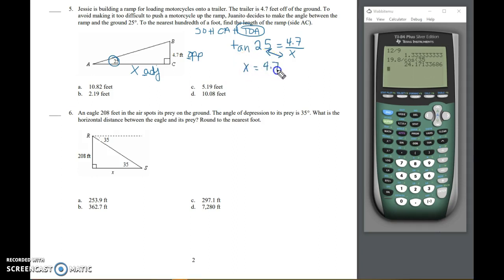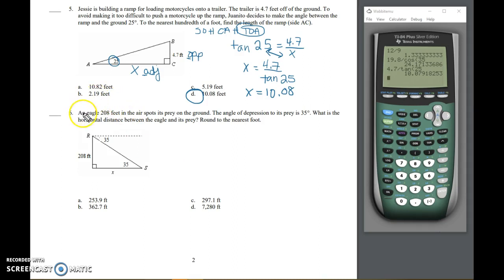And I get x equals 4.7 over tangent of 25. I'm going to go over to my calculator, and we're going to type that in. 4.7 divided by tangent of 25, and I get 10.08. That's going to be D.